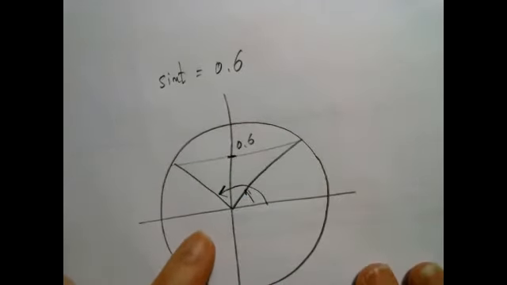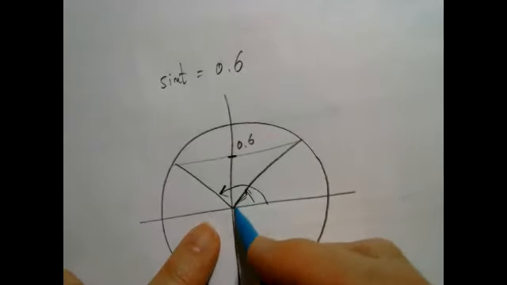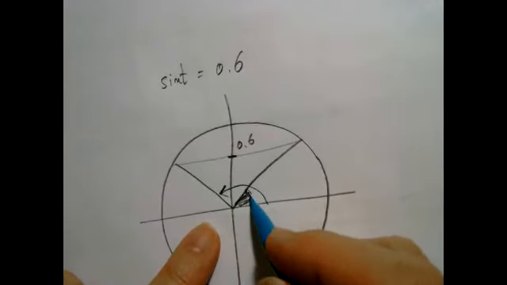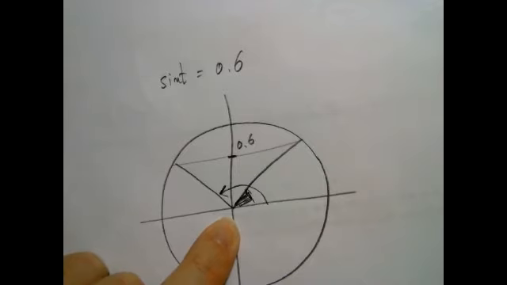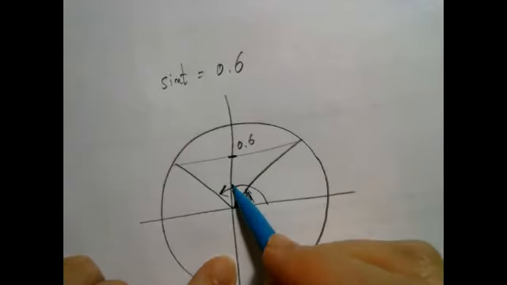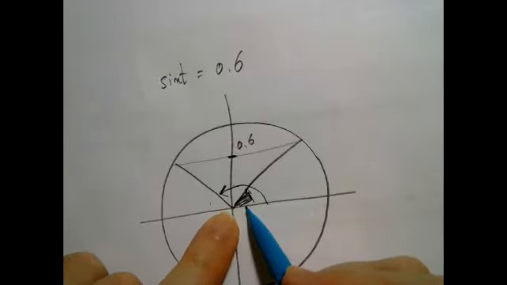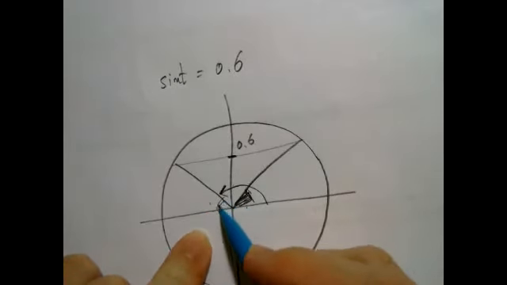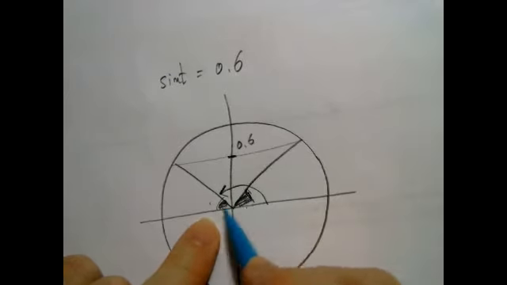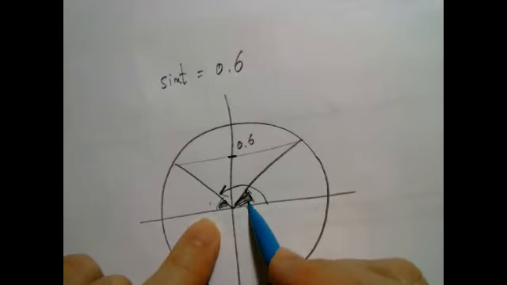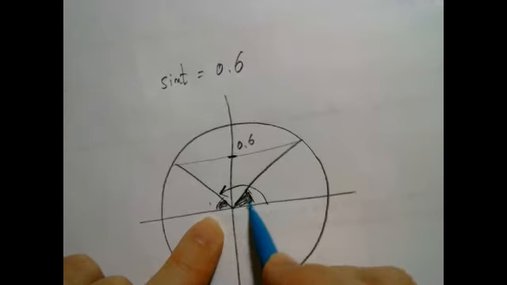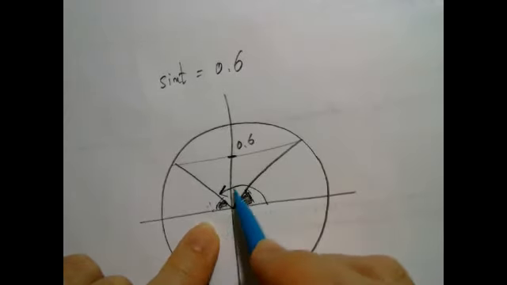But I need at least one of them. The sine inverse gives me one of them. It doesn't give me all of them. The sine inverse gives me the one between minus pi over 2 and pi over 2. It gives me one. It's up to us to figure out the other ones. So the calculator would give me that, and then to find the other, I use the symmetry. Those two angles are equal. That's the total symmetry. So if I know this one from the calculator, the other one is going to be pi minus it.